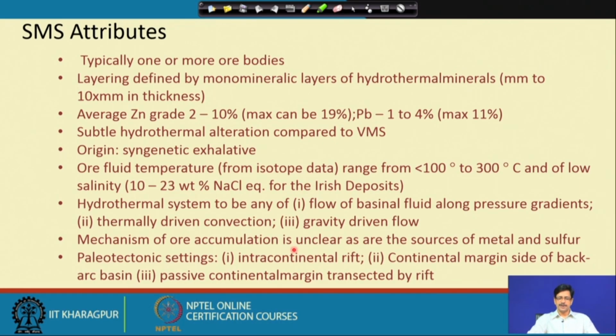The situation is more explainable where we visualize the system to be thermally driven convection, but it remains a little less clear when the ore fluid temperature is low, although we know that a brine fluid can always be a carrier of metal and deposition of the metals can take place, and the temperature range going down to as low as 100 degrees centigrade is explainable and fits the model. So, that is all about the information that we could give about the SMS deposits.